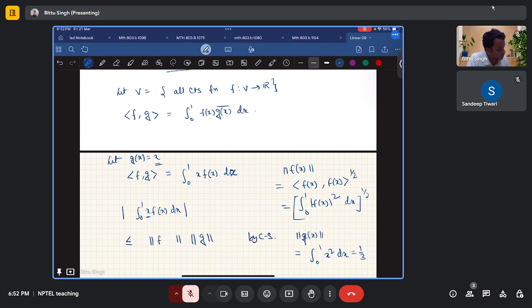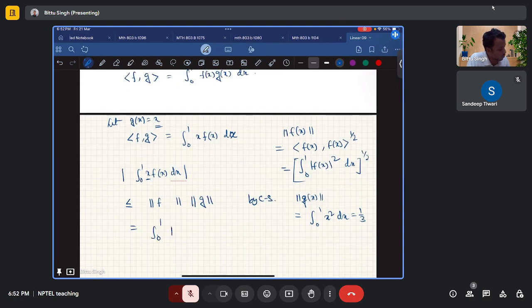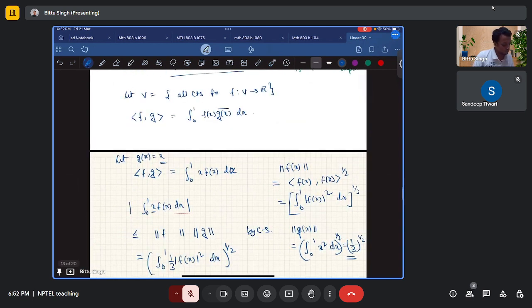We have already calculated the first one, the norm of f, which is the square root of the integral from 0 to 1 of mod f(x) square dx, and the norm of g(x), this is actually the square root of 1/3. I had forgotten to take the square root of this thing. So this is the answer: this thing is bounded by the square root of 1/3 times the square root of the integral of mod f(x) square dx.